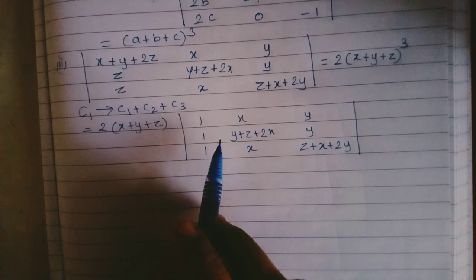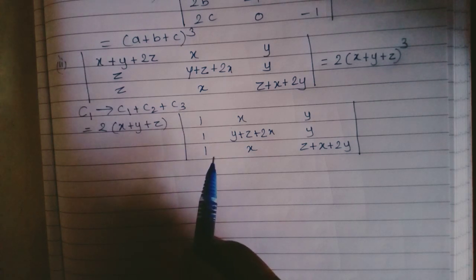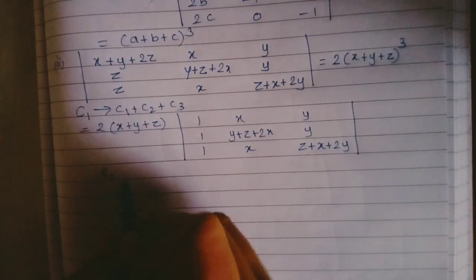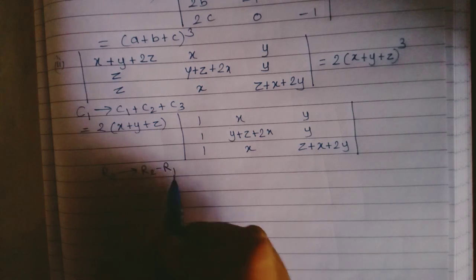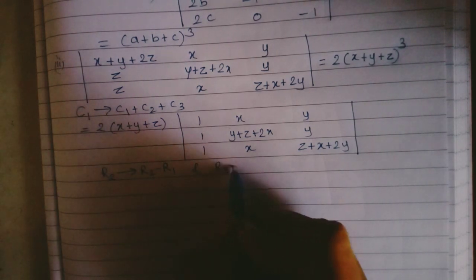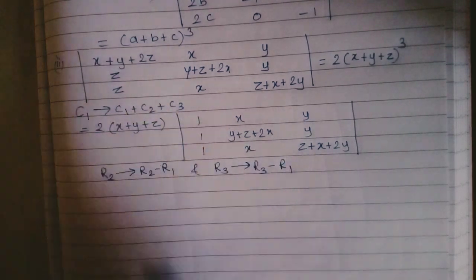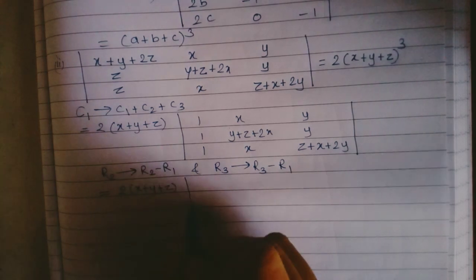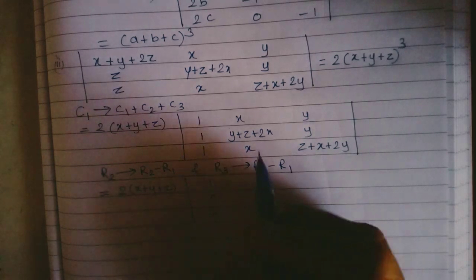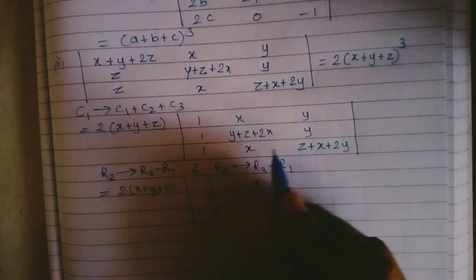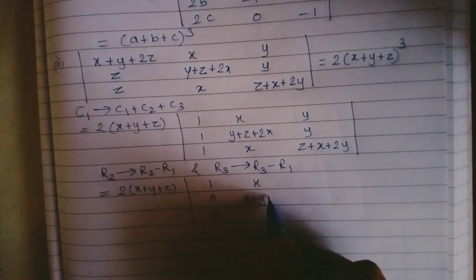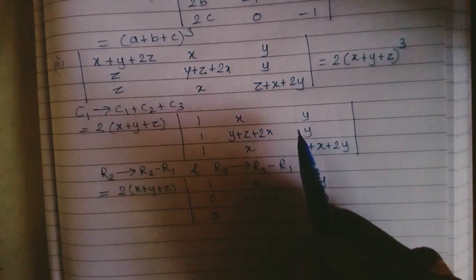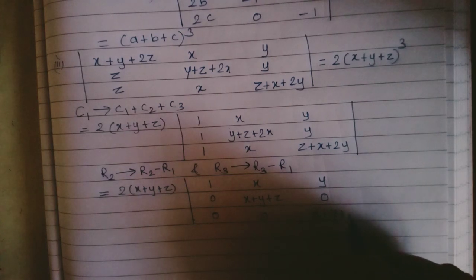Now operating along R2 and R3, R2 I can write as R2 minus R1 and R3 as R3 minus R1. So you'll get here 1 0 0, y plus z plus 2x minus x, you'll get x plus y plus z, x minus x 0, this is also 0, and here it will be x plus y plus z.